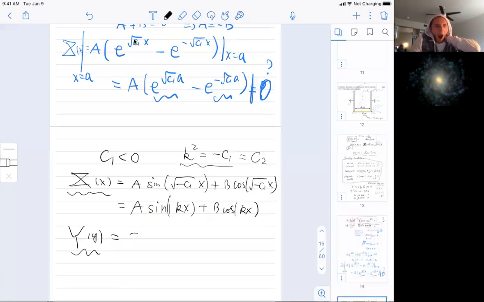It's going to be some constant times e to the power of root C2 y plus some constant times e to the power of negative root C2 y. C2 is k squared, so c e to the ky plus d e to the negative ky. I'm sorry, this is y, because we're dealing with the function in the y direction.